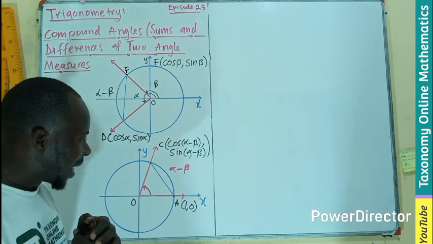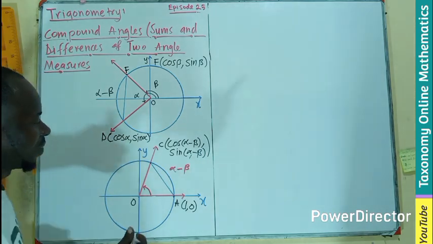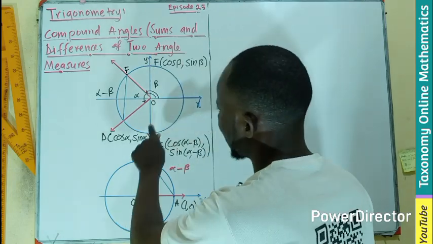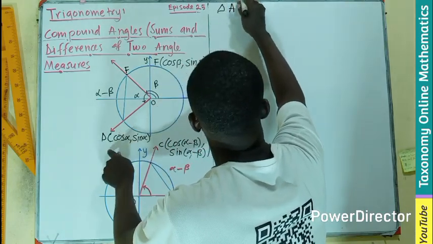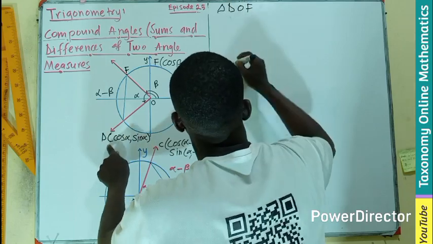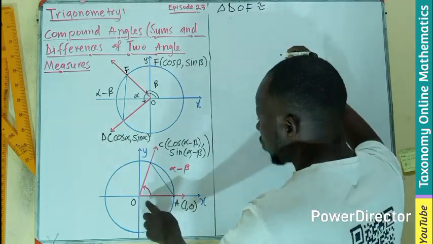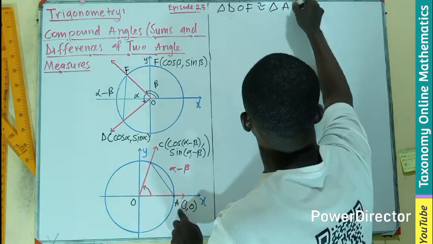All right. Then if we say the two triangles, let's pick it from this place, triangle DOF is congruent to triangle, let's say from here, AOC.